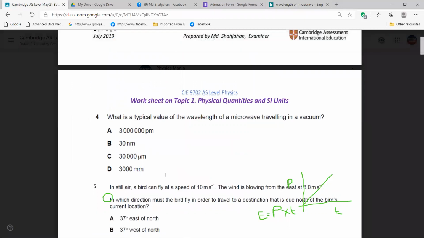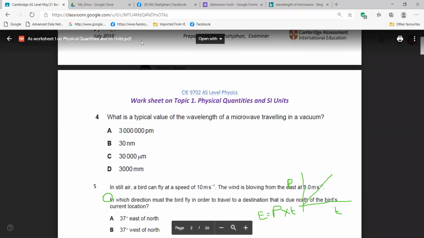So 12 centimeter wavelength, if you convert to picometer, nanometer, micrometer, millimeter, which one is matching we are checking. 12 centimeter. We are writing here 12 centimeter first. Which one is much more closer?